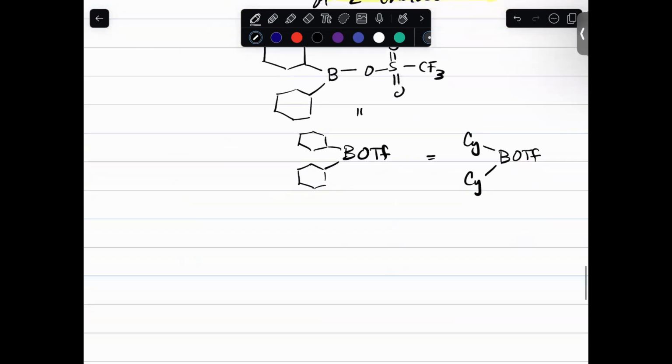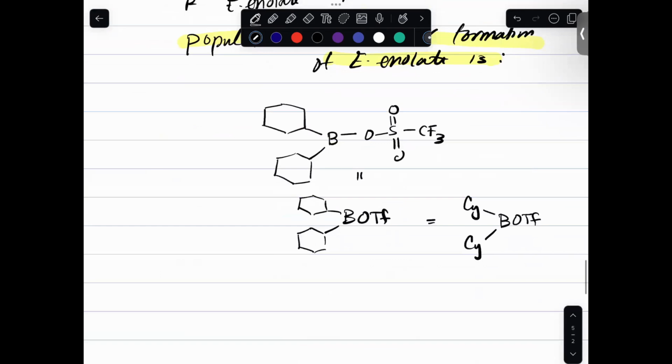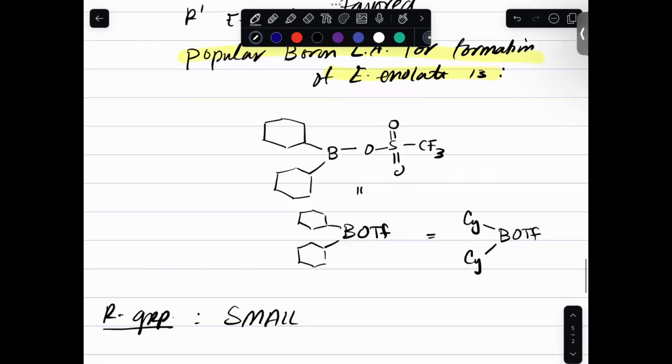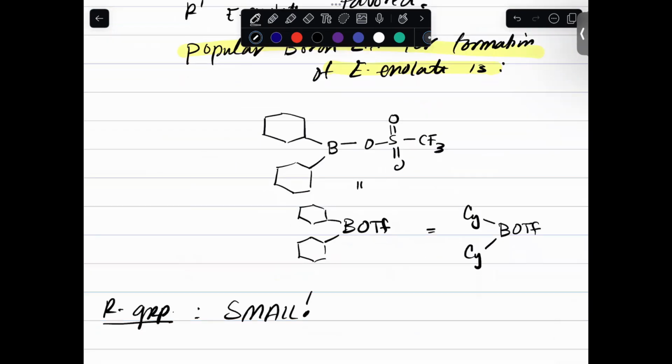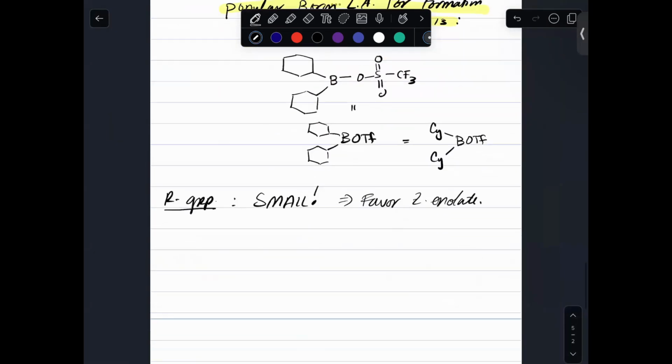Now, it shouldn't come as a surprise that when you use small R groups, it will favor the Z-enolate. Okay. So let me draw out the Z-enolate.